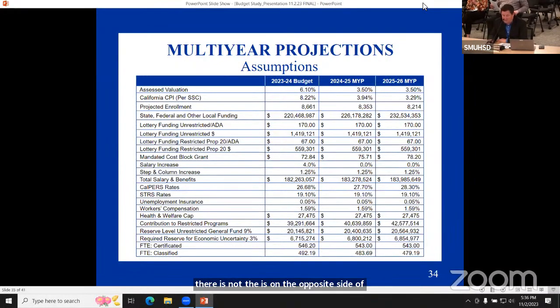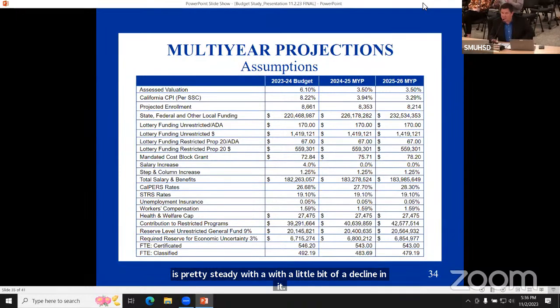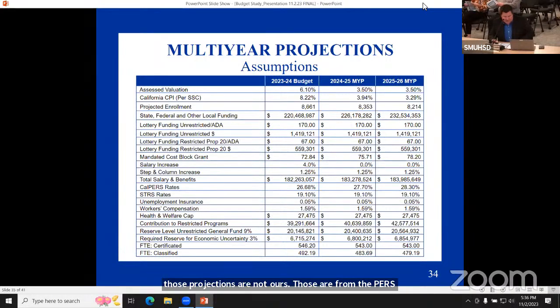So the other couple of things to note, our projected enrollment is pretty steady with a little bit of a decline in it. The CalPERS rate is projected to continue to increase. Those projections are not ours. Those are from the PERS board that has put out those projections.